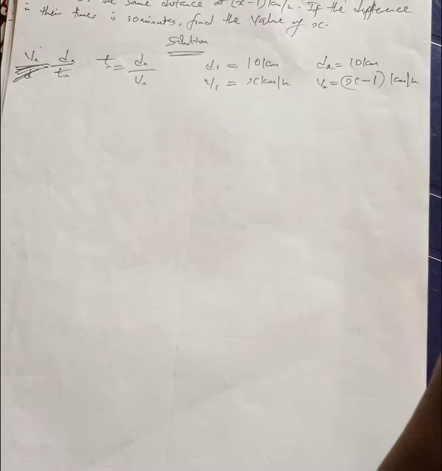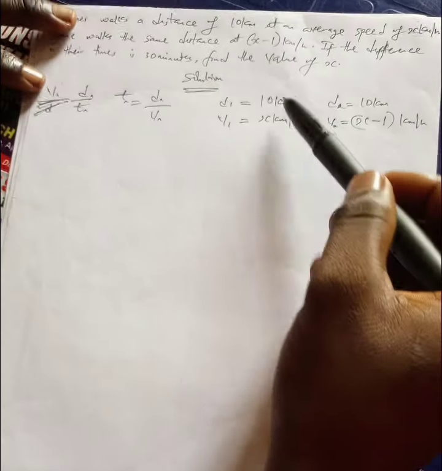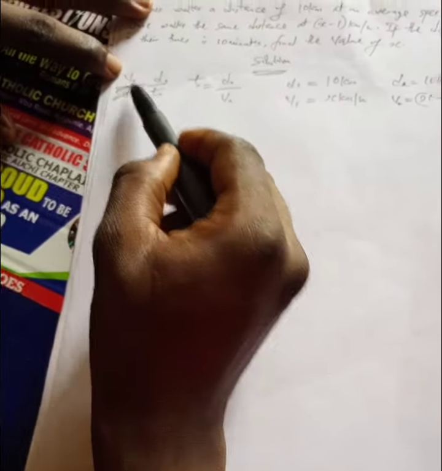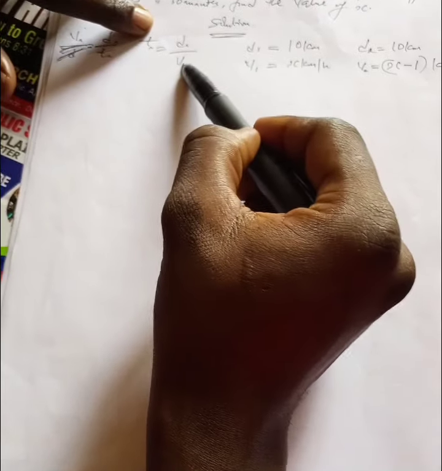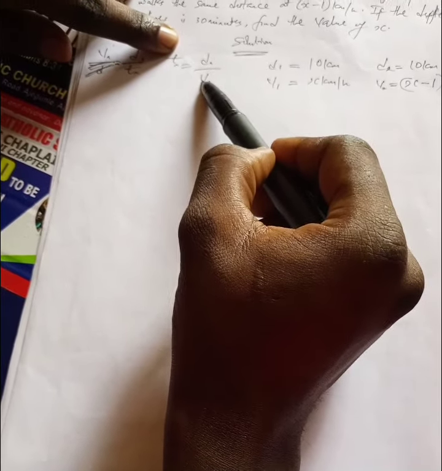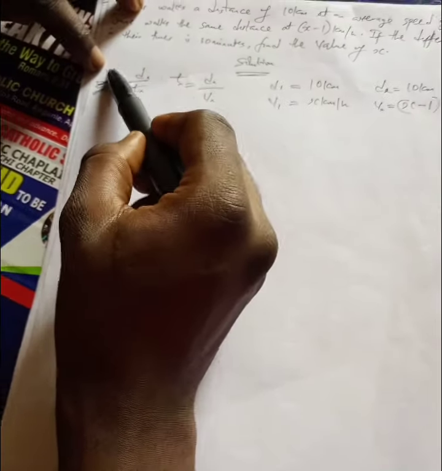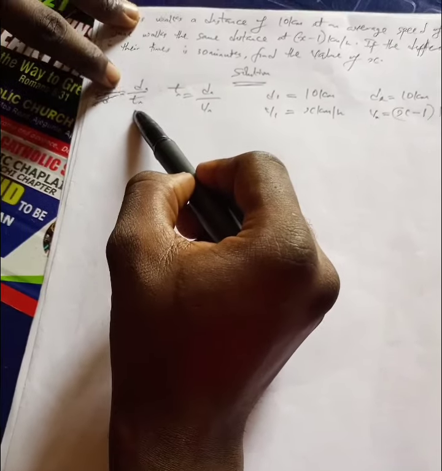And since we are more focused on time here, the faster the speed, the slower the time. So if time increases, the speed reduces, and if speed increases, the time reduces. That's mainly the implication of this formula here.